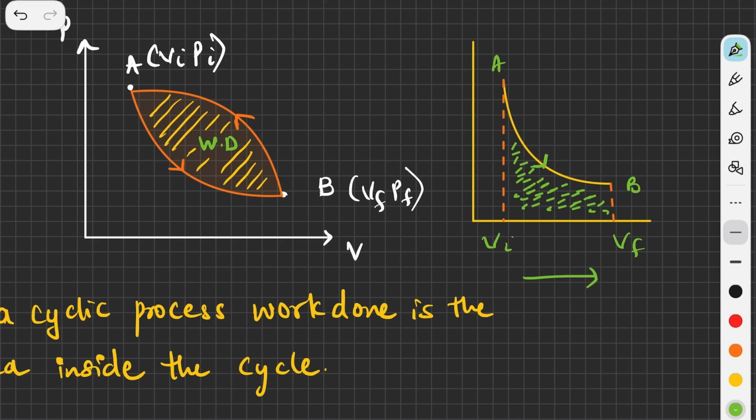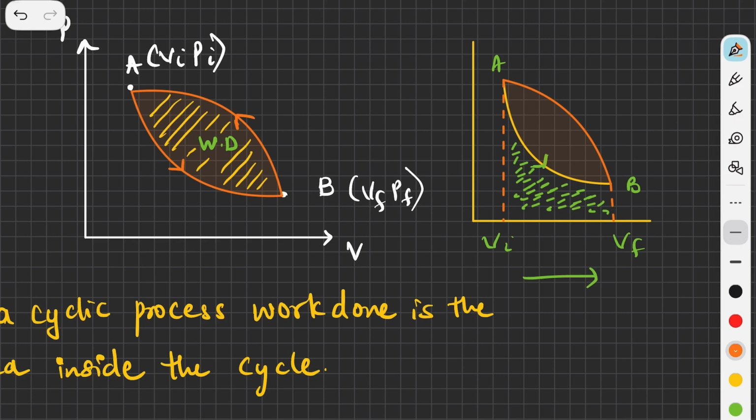Now because the cyclic process is going back to its original values, it is going to its initial state somewhat like this. Now it is going from its final state to its initial state, from final volume to initial volume. That means the volume is decreasing.